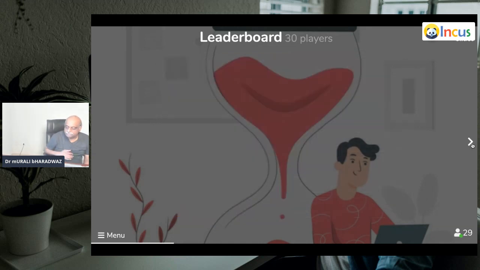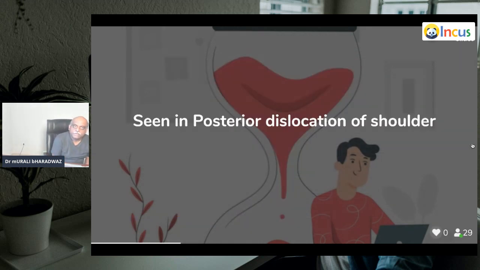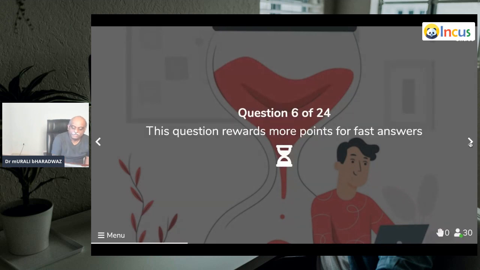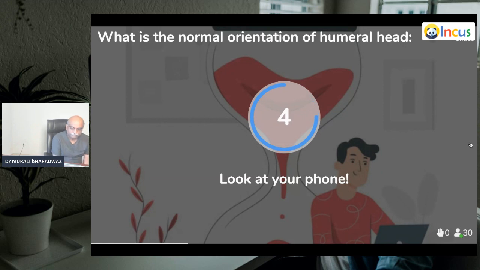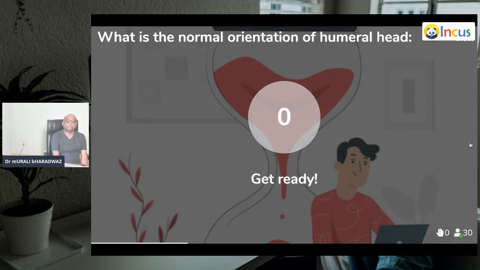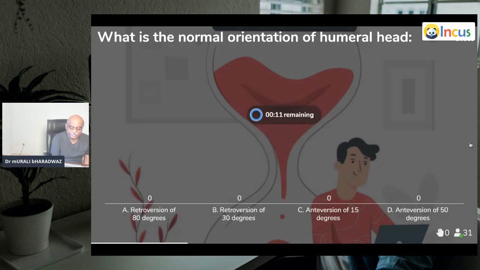Now, Doctor, reverse Hill-Sachs is seen in the posterior dislocation of the shoulder. Very good. Question 6. What is the normal orientation of the humeral head? Is it retroverted or anteverted?